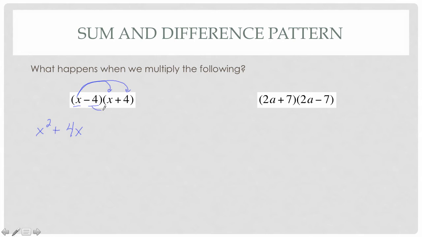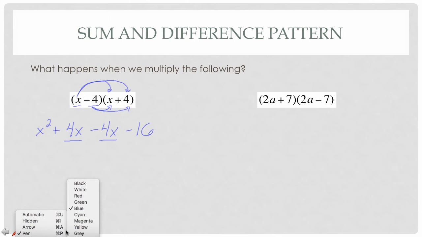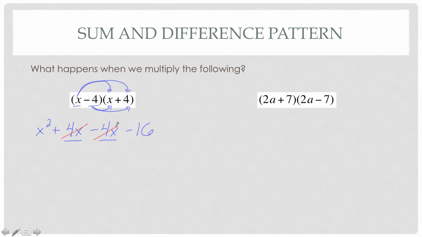Negative 4 times x gives me negative 4x. And negative 4 times the 4 gives me negative 16. Well, when I go to simplify it, what happens to plus 4x and minus 4x? They go to 0. So this is a special case because things simplify down really nicely.